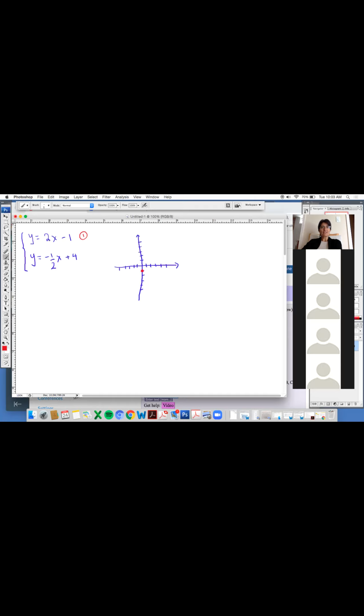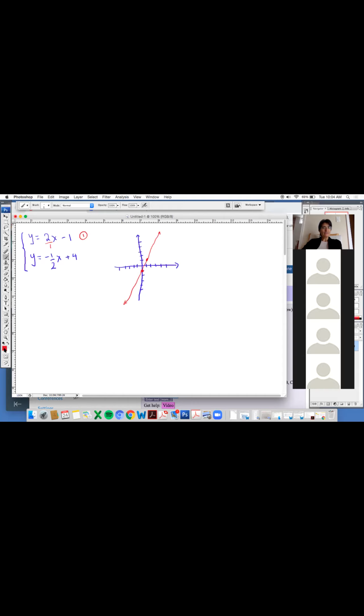And my slope is 2 over 1. So that means from the starting point here, I go 2 units up, 1, 2, and 1 to the right. And I get this line right here. I'm going to try to draw it straight, like this. All right, so that's graphing my first line.